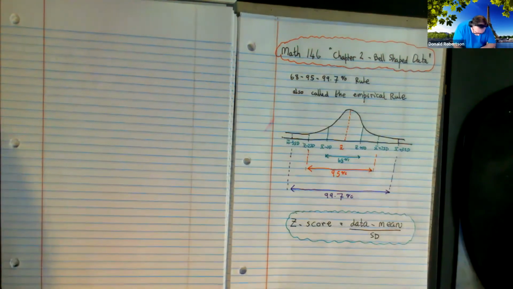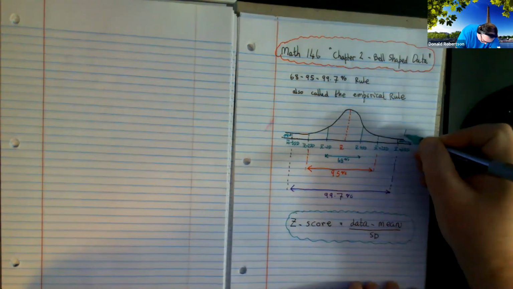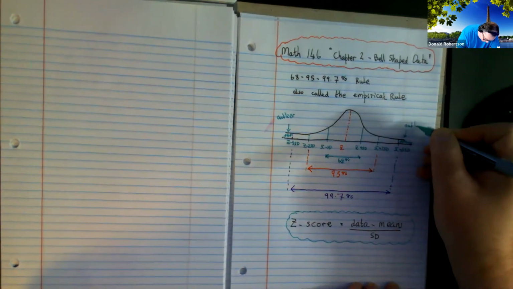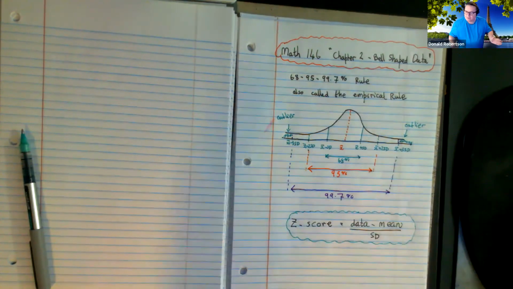And we also get, as a little added bonus, see the little pieces that are left over at the end? In here and in here, isn't that where the outliers live? So if you're more than 3 standard deviations away from the mean, either plus or minus, that means you're an outlier, and that's an important thing to know.